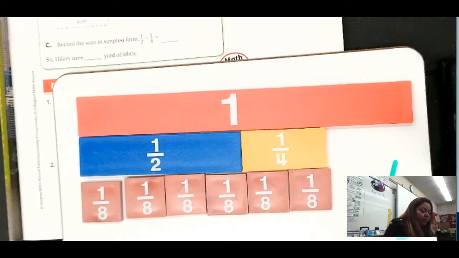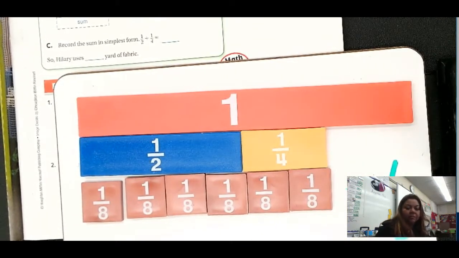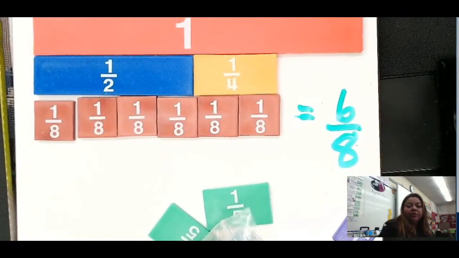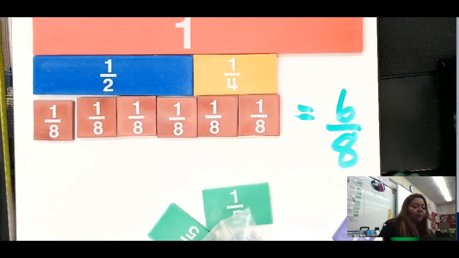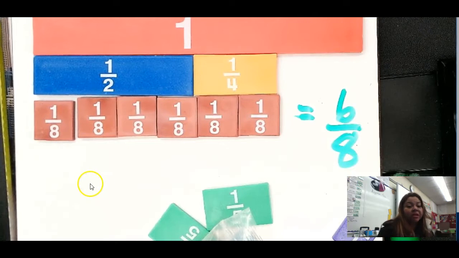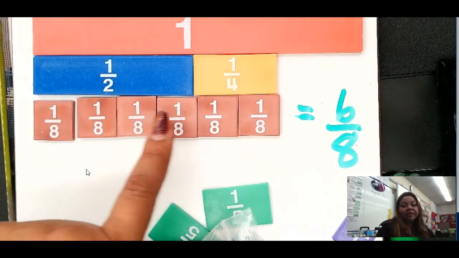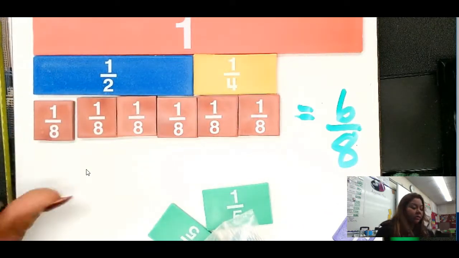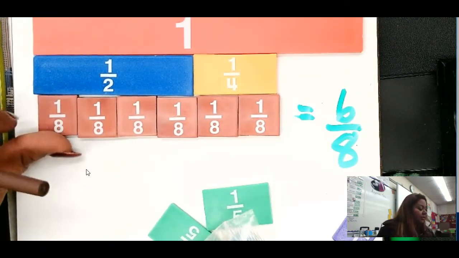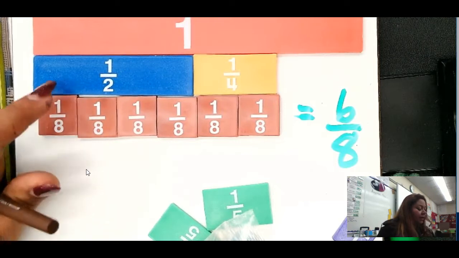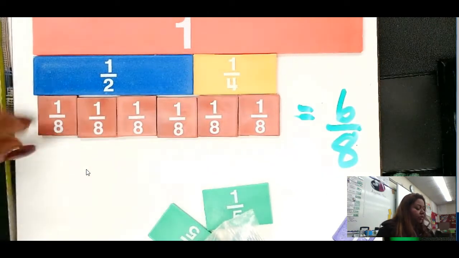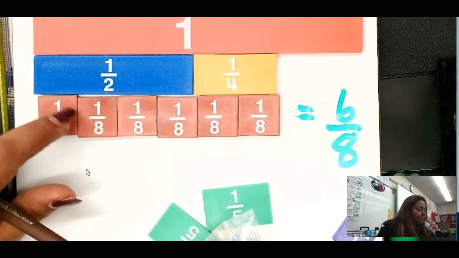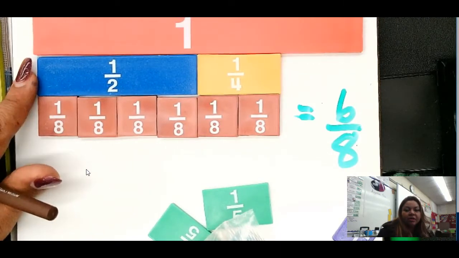And you should remember this from 4th grade, because in 4th grade, you added fractions with the same denominator. These have the same denominator, but 1/2 and 1/4 do not. So with the manipulatives, I was able to add 1/2 and 1/4 just by placing another fraction under.